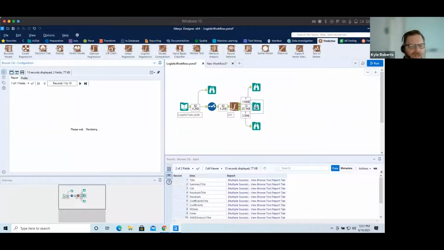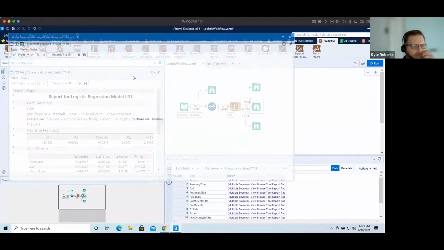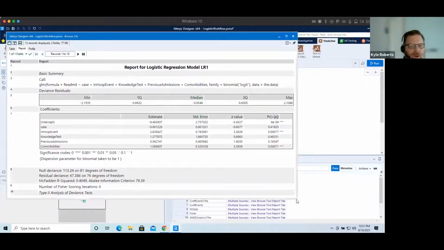Now, this anchor is a report anchor, and I open that in a new window just so we can look at it together. If you are familiar with R, then this is very familiar to you. What Alteryx is giving you is the actual R output.